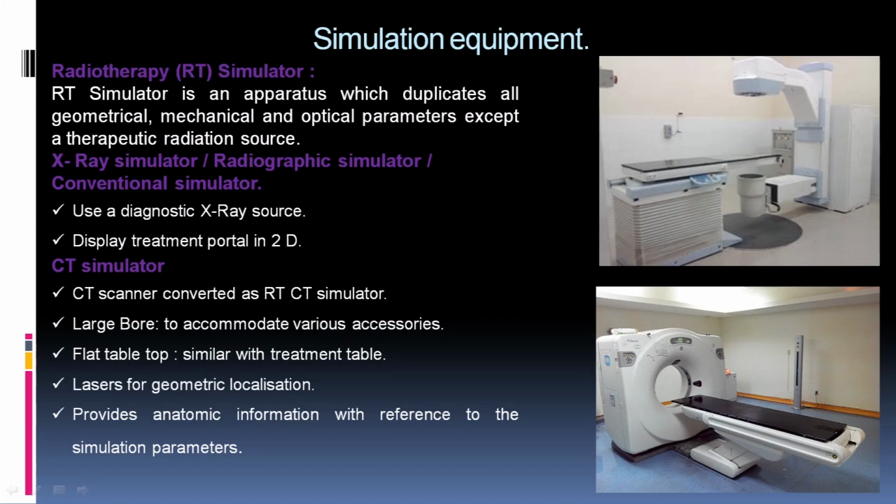Now coming to the simulation equipment, there are various kinds of simulators used for our radiotherapy treatment purposes, where we simulate the treatment process in a machine which duplicates all the geometrical, mechanical and optical parameters of the therapeutic machines except the therapeutic radiation source.